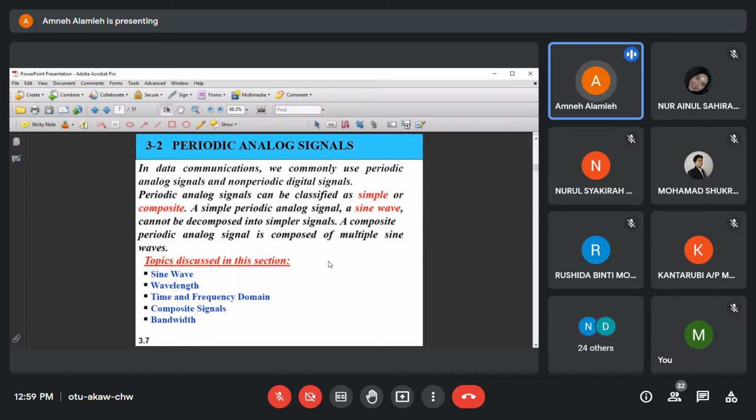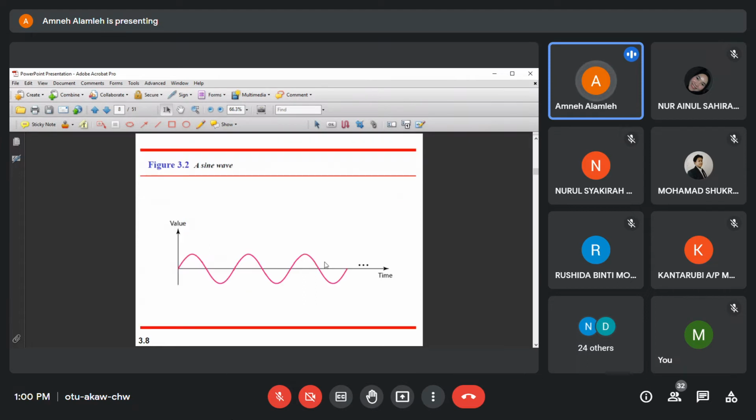By simple, we mean that this wave cannot be decomposed into simpler signals. A composite periodic analog signal is composed of multiple sine waves.